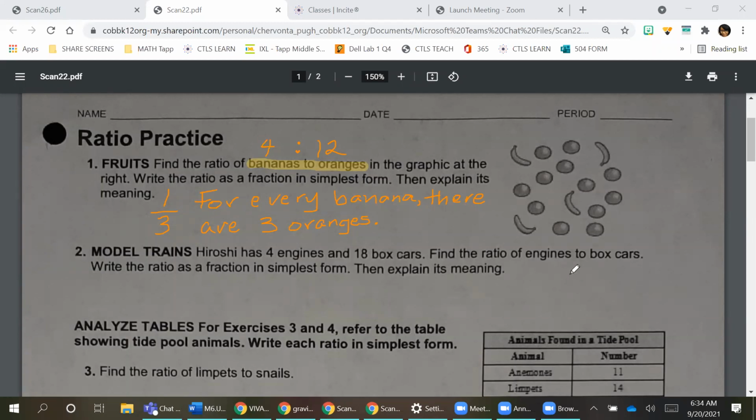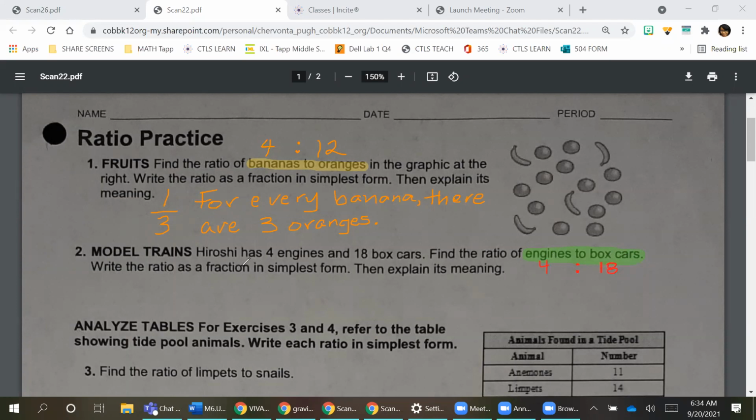So they want us to find the ratio of engines to boxcars, engines to boxcars. So I need to make sure that I am completing my ratio in order. So engines, I know that we have 4 of them according to this problem. In boxcars, we have 18.